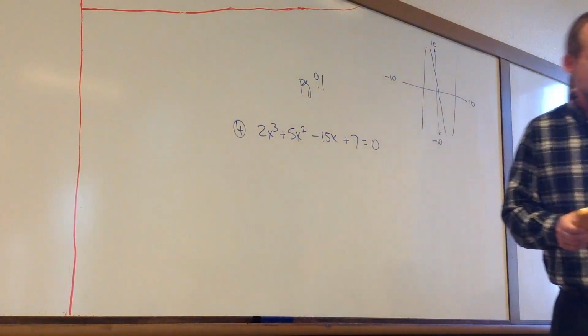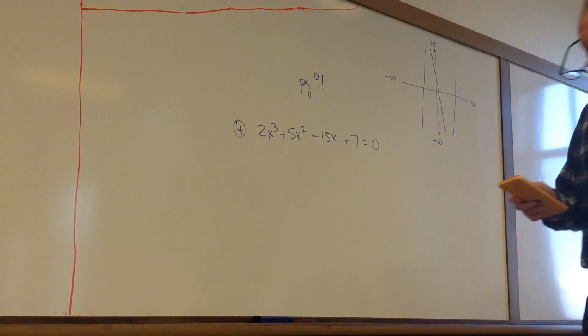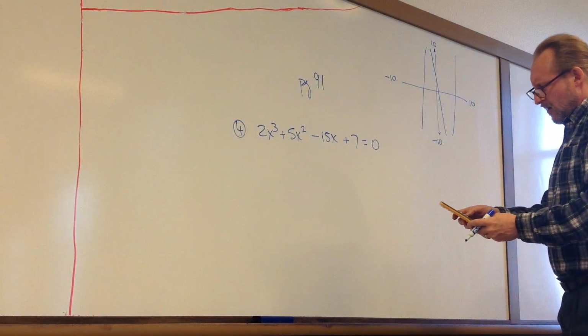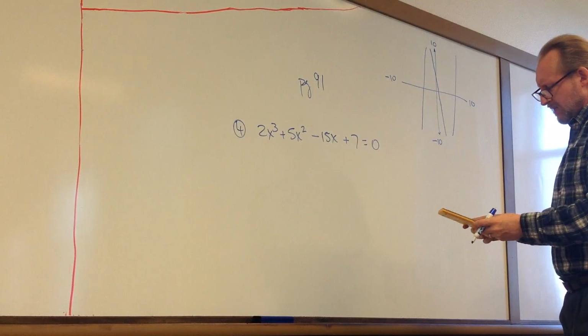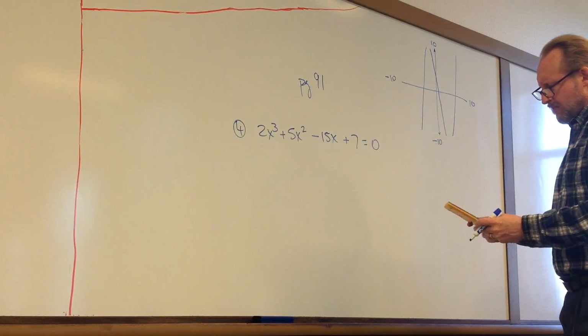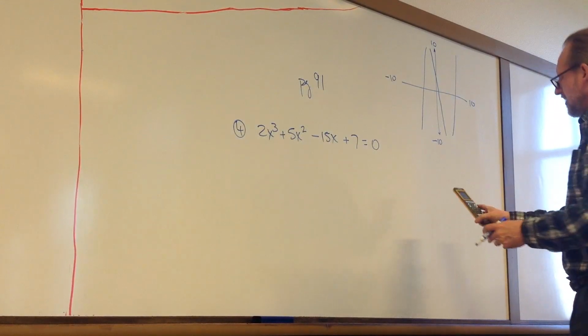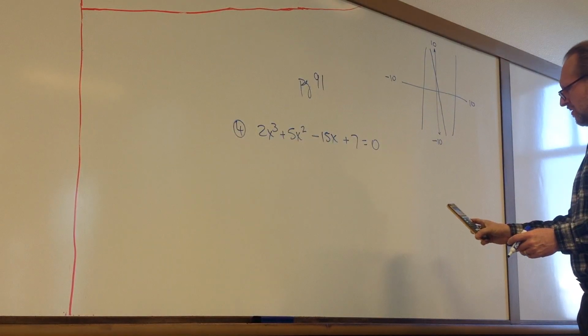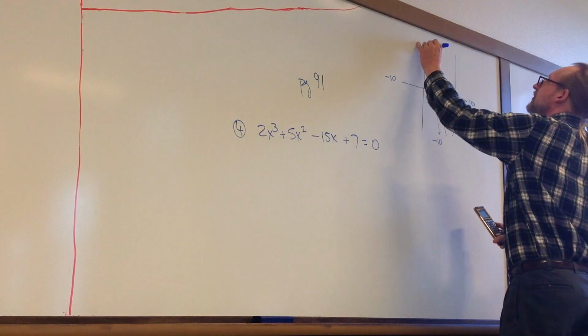Let me go ahead and do that. If you hit the window key, I'll make the y minimum -15, make the y maximum +15. And let's see, do we get a better look at this? More or less.